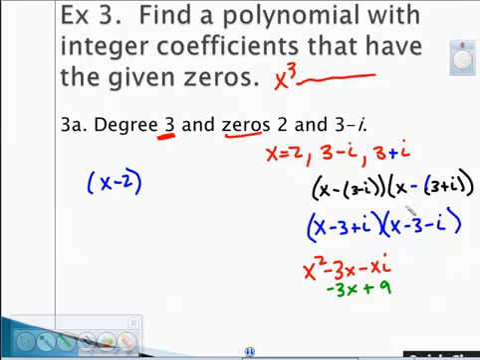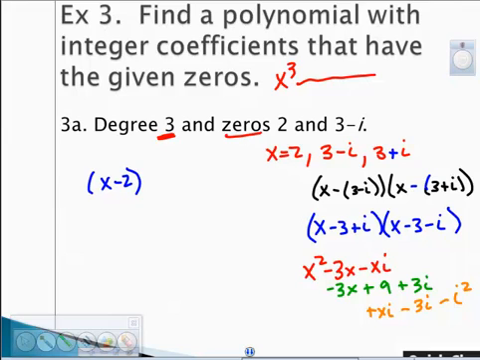Okay, and then negative 3 times negative i will be positive 3i. Now the last one I'll do in orange. i times x is going to be positive xi. And then i times negative 3 will be negative 3i. And then i times negative i will be negative i squared.